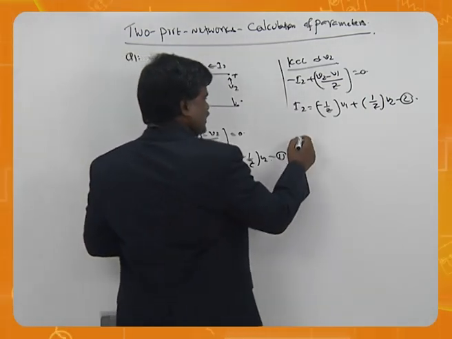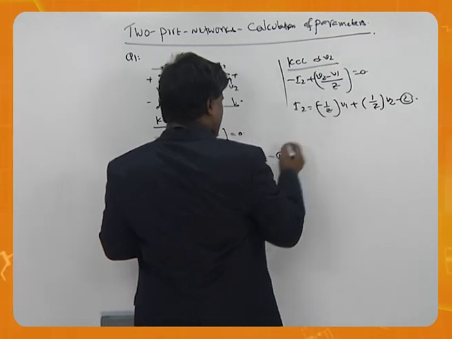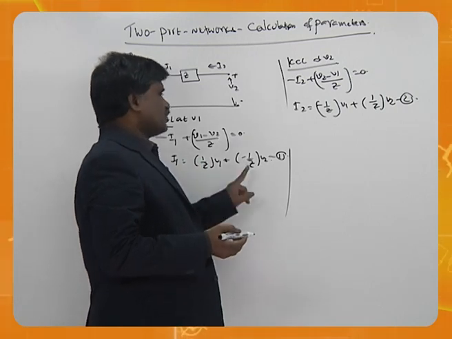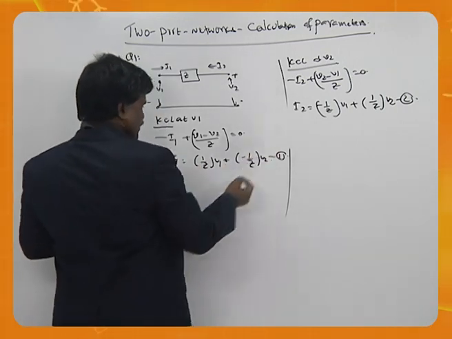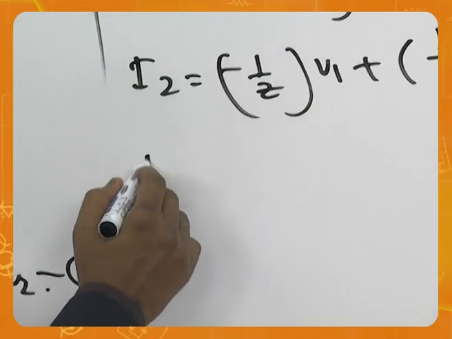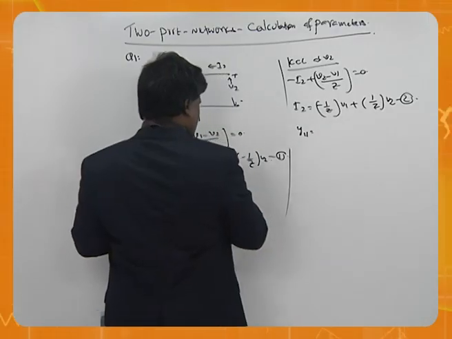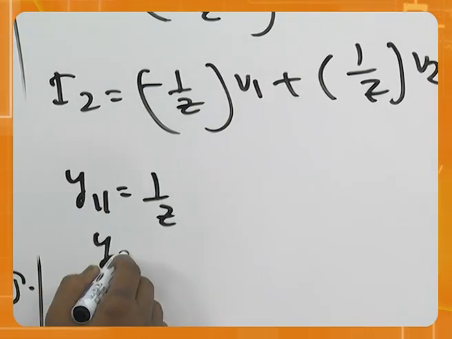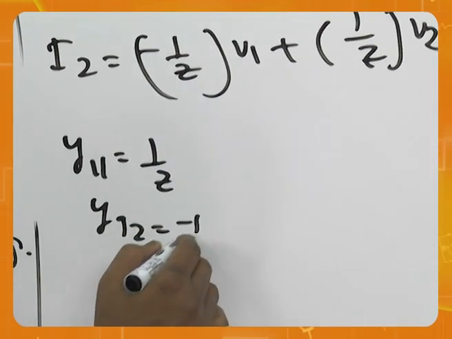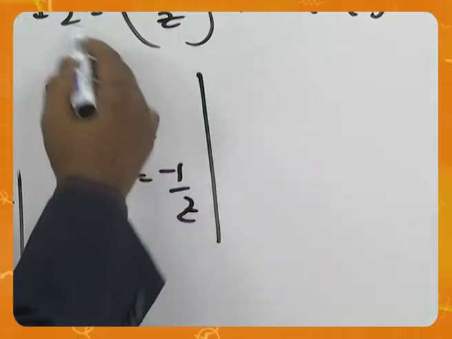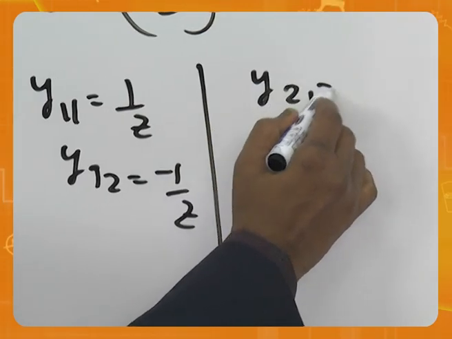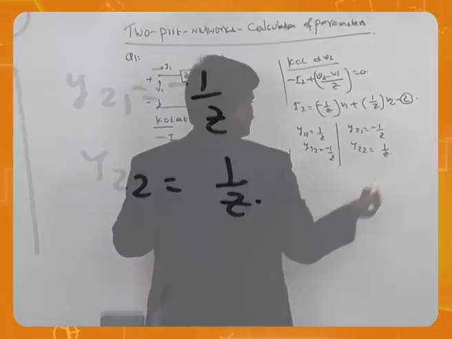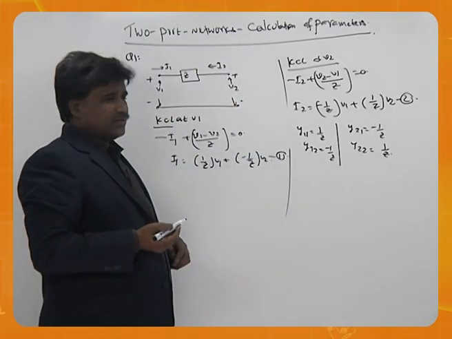When you call this the second equation, what are our parameters if you identify? These are y11, y12. Directly from here you can say y11 is equal to 1 by Z, y12 is minus 1 by Z. From the second equation you can say y21 is minus 1 by Z, y22 is 1 by Z. These are the equations you have, these are the parameters.